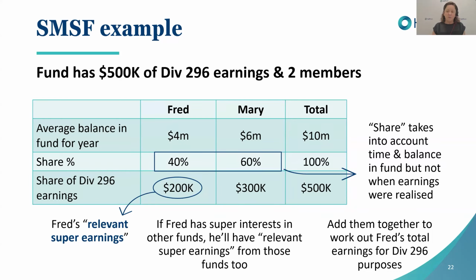Even though she was not a member of the fund at the time the earnings were realised, it doesn't matter because this particular calculation that we do to attribute the earnings across the members doesn't take into account when we sold the particular asset, when the rent came in, when the distribution was earned. It's just based on the time that they're in the fund and their balance at that particular time. So we're going to end up with some quite quirky results when people are joining and exiting superannuation funds.